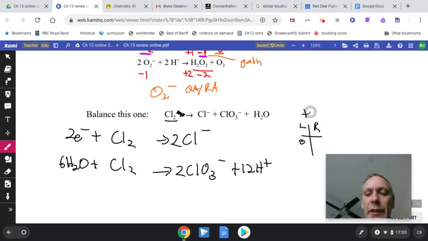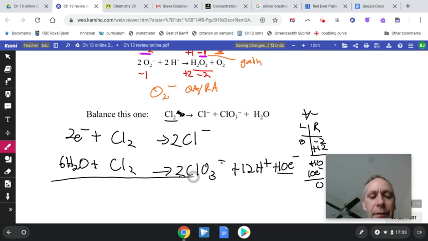And on the right, we have 2- and +12 for a total of +10. So we add the electrons to the more positive side. 10 electrons gets us to 0. That's a hard one. Lots of students mess up the electrons on that half reaction.